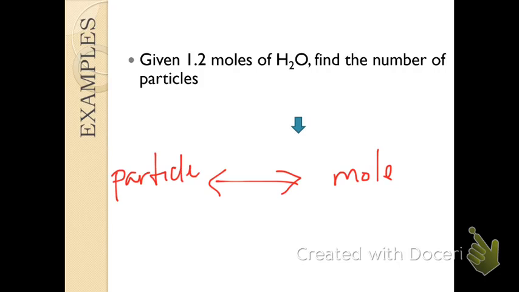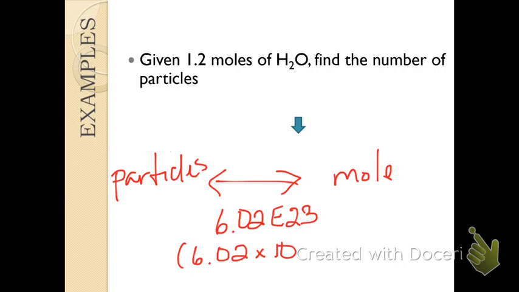In this case, our particles have to do with Avogadro's number, which is 6.02 e to the 23. If you're going to use the times 10, it has to be 6.02 times 10 to the 23.